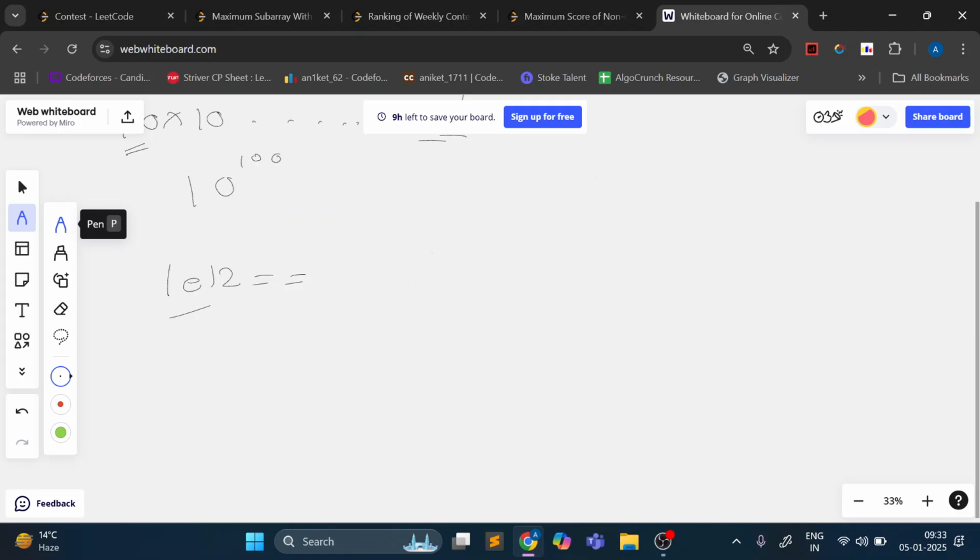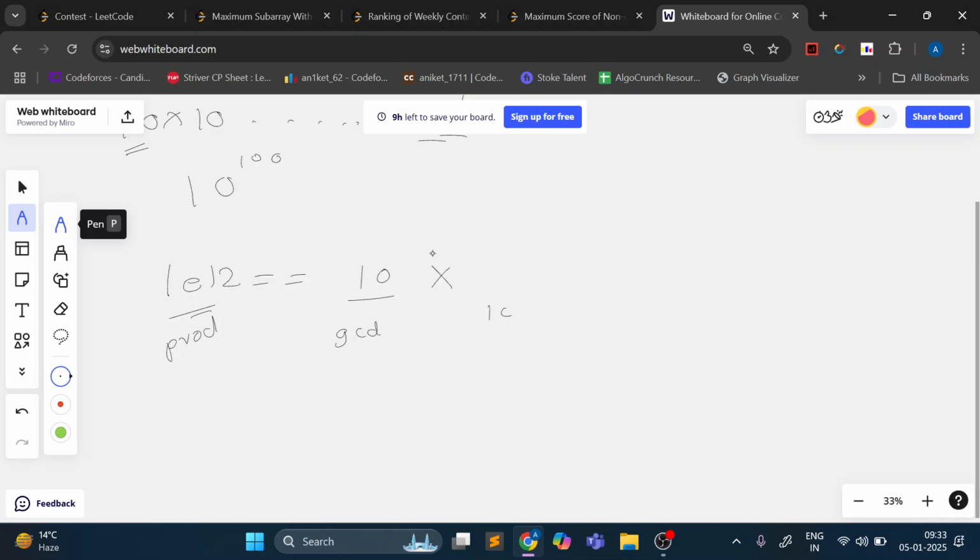Let's say this is the GCD and the max value would be 10, because let's say all the elements in the array are 10. Somehow we are getting the GCD as 10.